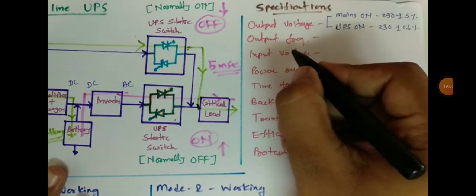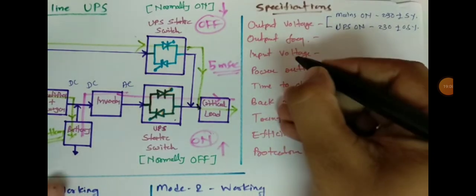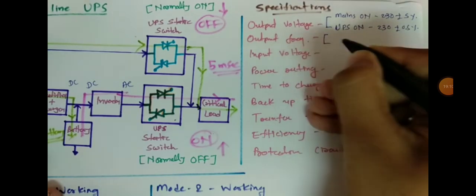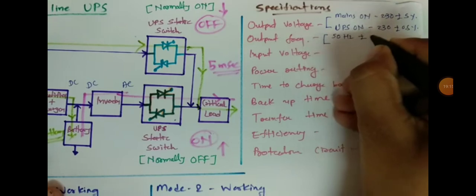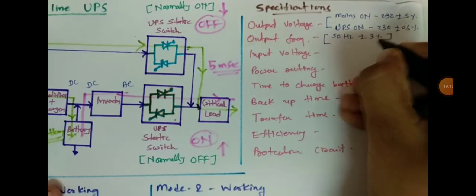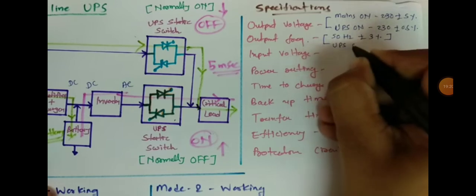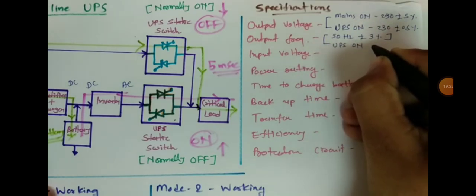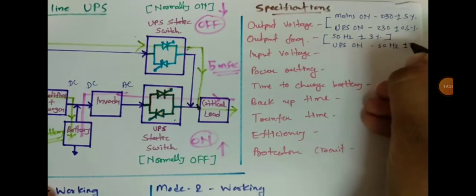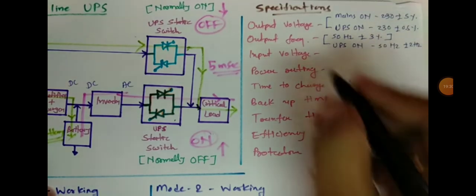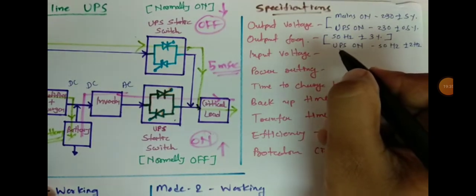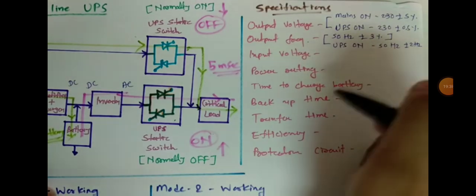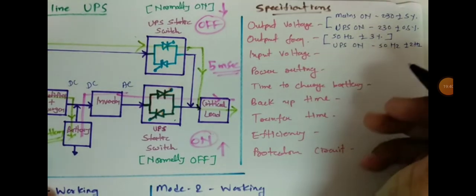And what will be the output frequency? When mains is on, it will be 50 Hertz plus or minus 3%, and when UPS is on, it will be 50 Hertz plus or minus 2 Hertz.